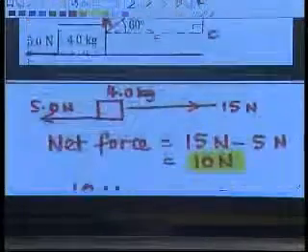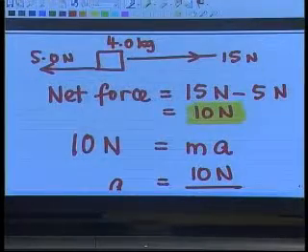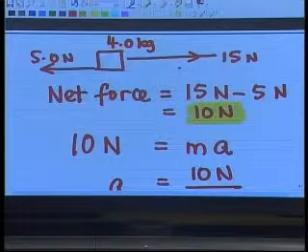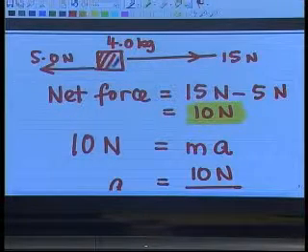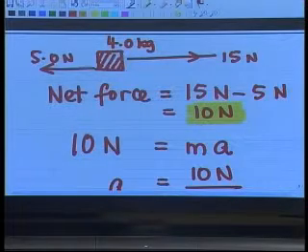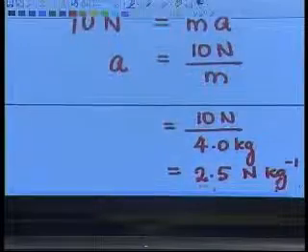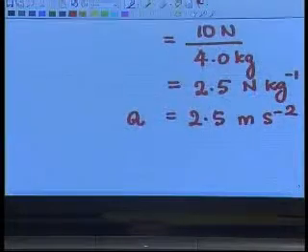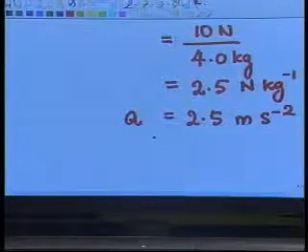After that, we go to the next part. We want to calculate the acceleration of this object. So we use net force equals ma, and we get what we obtained just now: acceleration 2.5 meter per second per second.